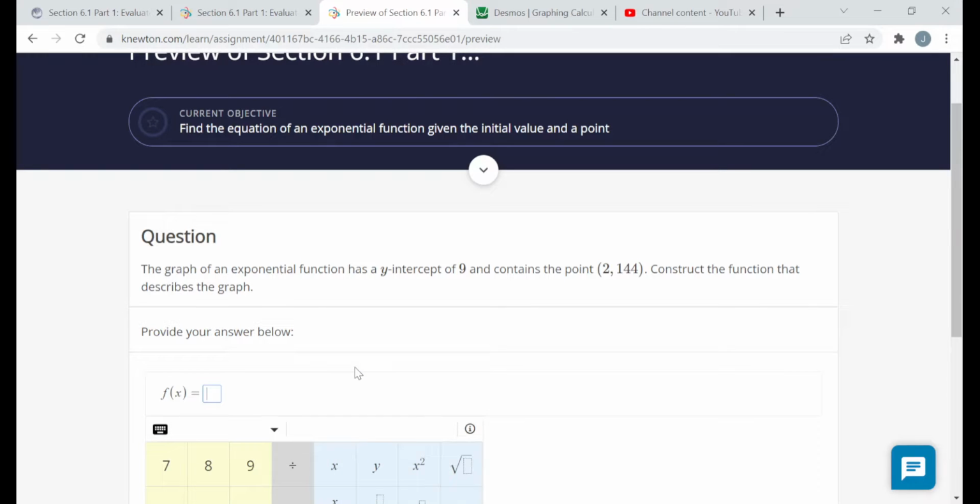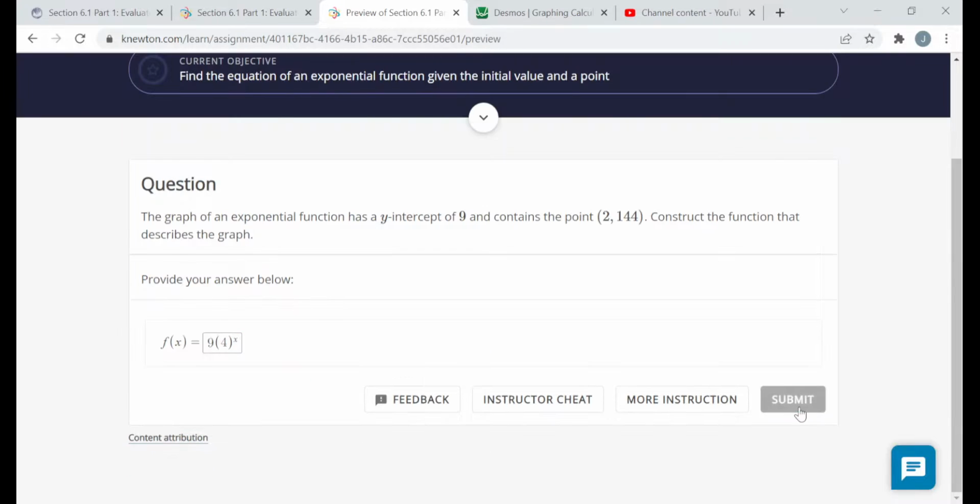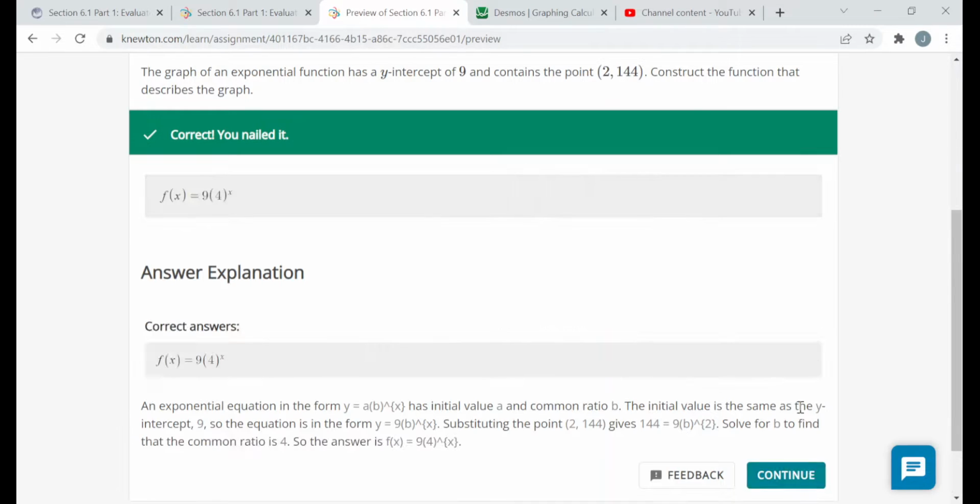So I'm just typing the rest of it. 9 and then in parentheses 4 to the x power. 9 times 4 to the x. Great. But yeah, you only need information about 2 points to be able to find the equation of an exponential function.